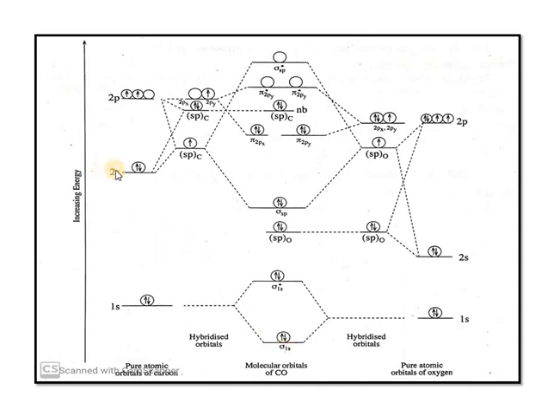Similarly, the 2s orbitals and 2p orbitals can combine. Hence, from this diagram, it is clear that one of the electrons from this 2s can combine with one of the electrons from 2p, like so.